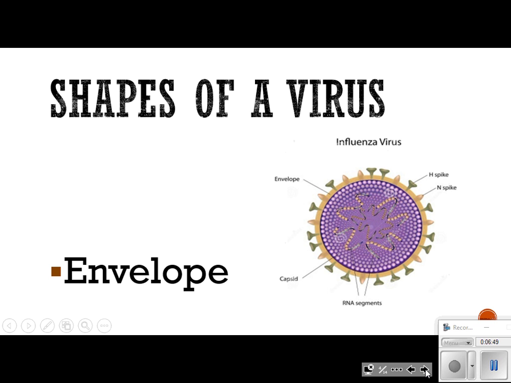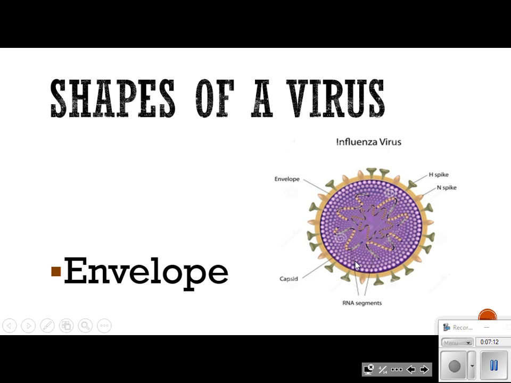An envelope. And it has different, see these little, they call them an N spike and an H spike in this diagram here. These spikes are in the envelope. The envelope's this little yellow circular thing, okay?